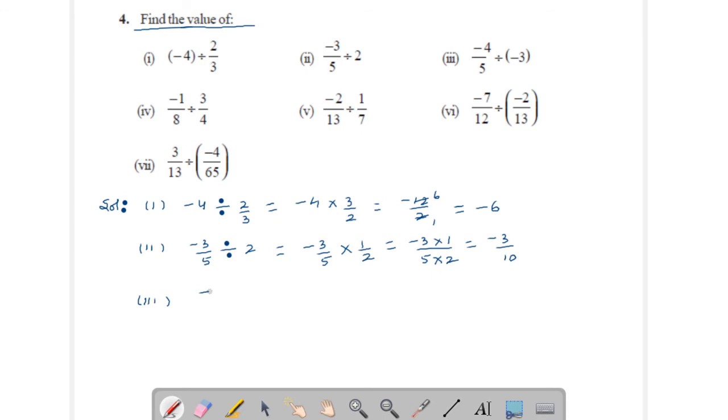Now third part, minus 4 upon 5 divided by minus 3. Here this can be written as minus 4 upon 5. Change division into multiplication. You have to take reciprocal of minus 3. It will be minus 1 upon 3.